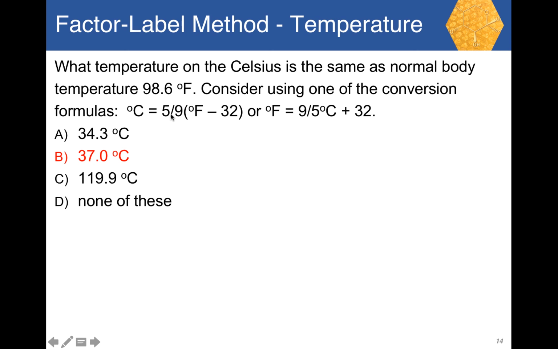Okay, the answer is, after you've done the calculation, you should get this one. Notice again, it's in degrees Celsius, 37. So the body temperature is 37 degrees Celsius, or 98.6 degrees Fahrenheit.